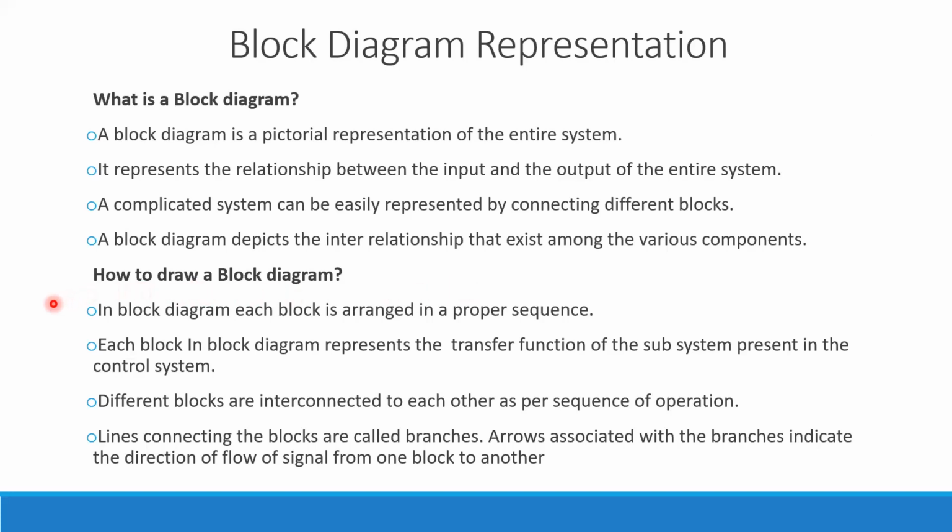In a block diagram, each block is arranged in a proper sequence. As per the physical system's flow, there will be a single block for each component, and these blocks will be arranged in a proper sequence. Each block represents the transfer function of the subsystem.